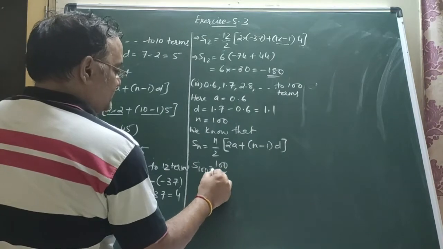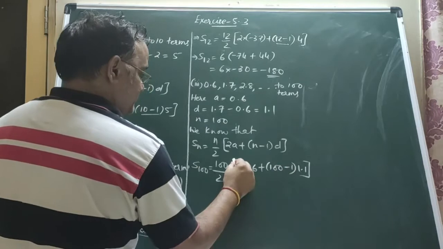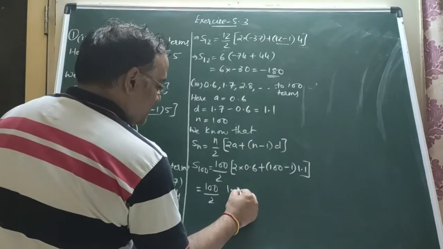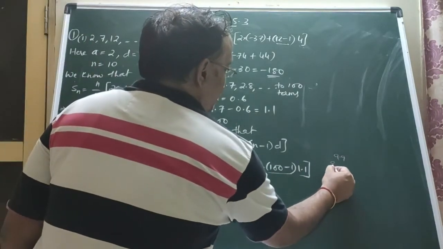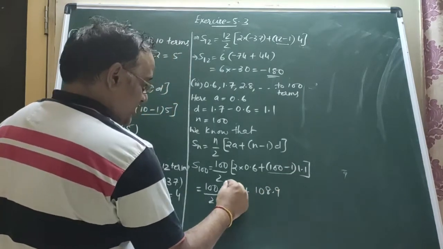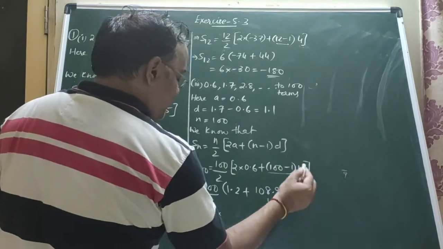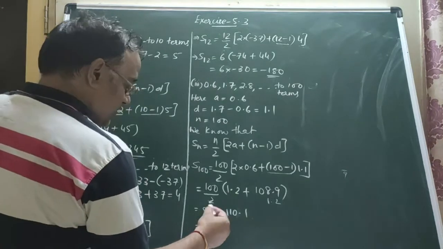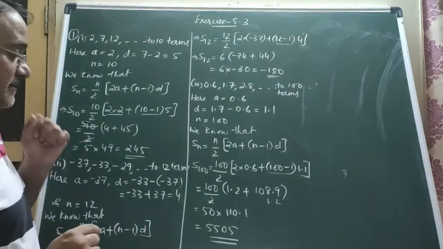So n is equal to 100 and a is equal to 0.6, 100 minus 1 into 1.1. So we'll get 100 upon 2, 2 into 0.6 will be 1.2, and 100 minus 1 is equal to 99. And 99 into 11 will be 1089, right? And there is one decimal place, so we put it here. So 100 divided by 2 is 50 and 108.9 plus 1.2 will get 110.1. So if we multiply 110.1 with 50, we get 5505. This is the final answer. Okay, 5505.